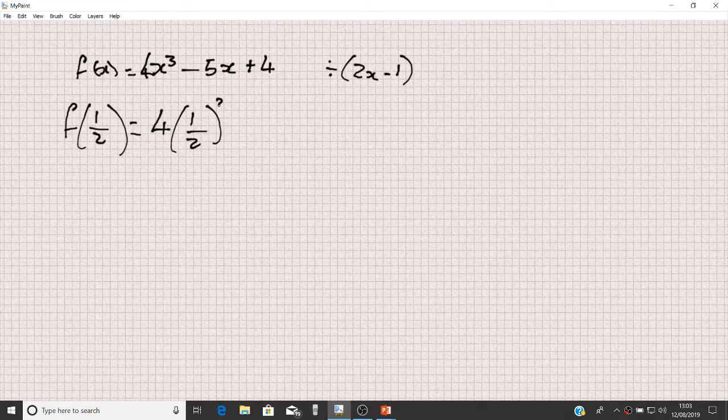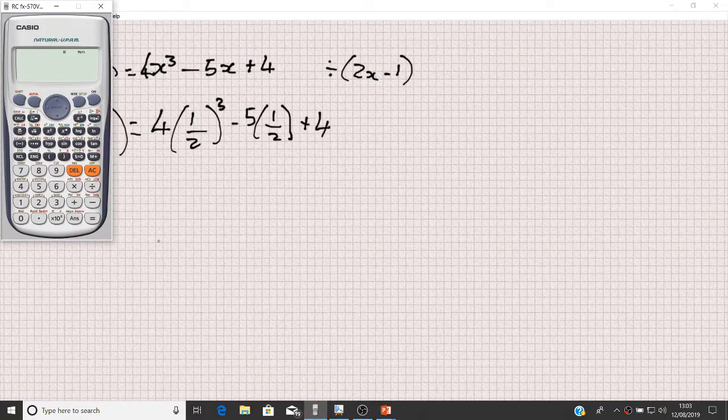So 4 times 1 over 2 cubed minus 5x plus 4. And maybe we'll just bring up the calculator, we can do it that way.